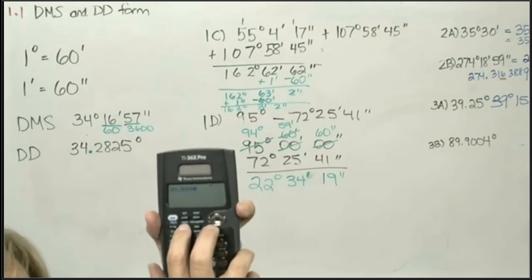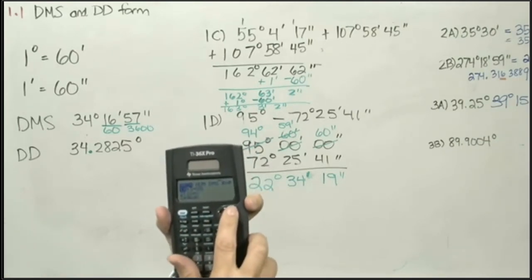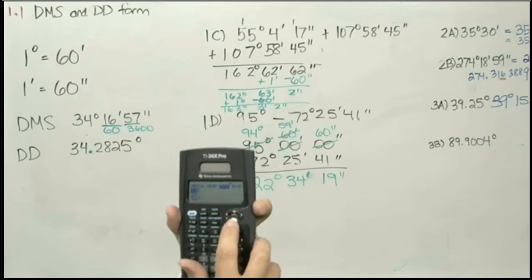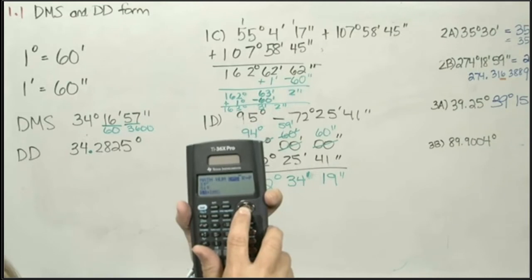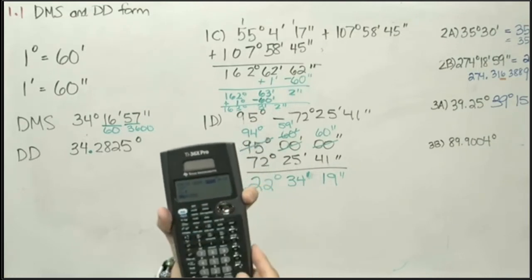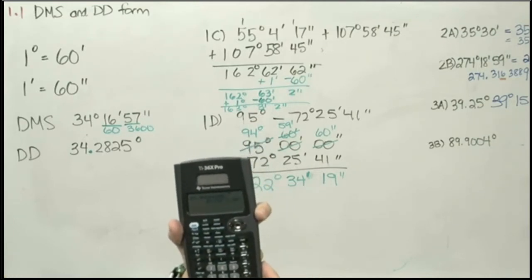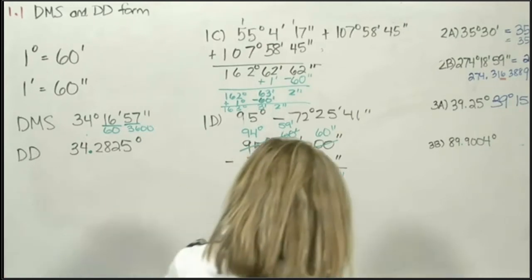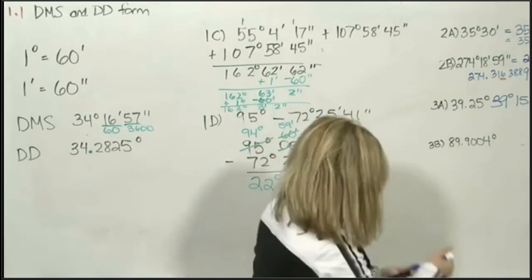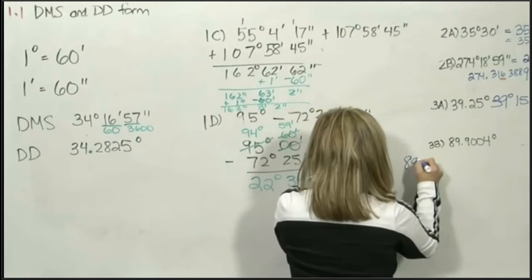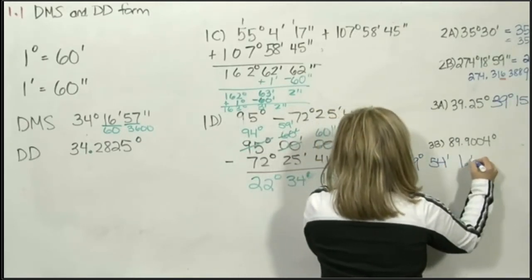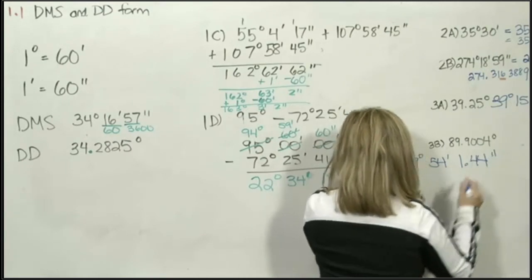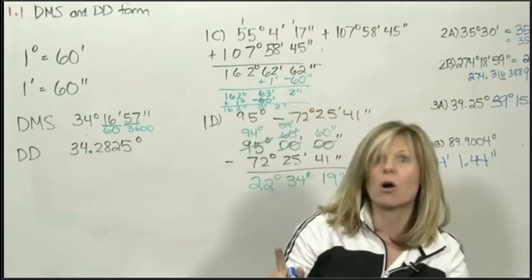We go to the math button. We arrow over twice to DMS, and the word DMS is physically down at number 6. Once we get that on the screen, we hit enter. So when I type that in, the calculator spits out 89 degrees, 54 minutes, 1.44 seconds.